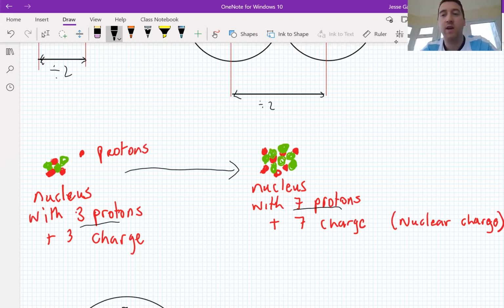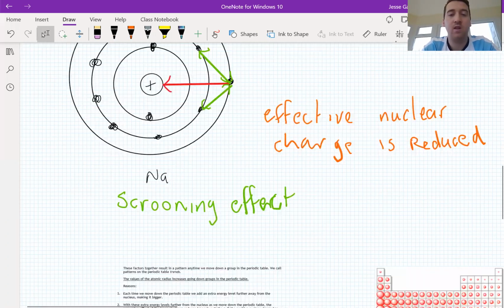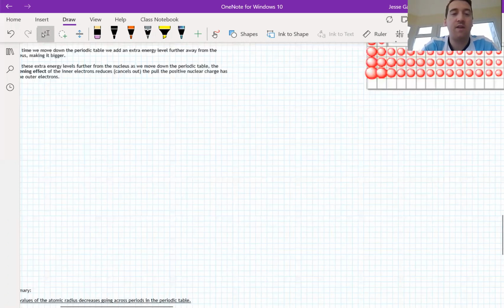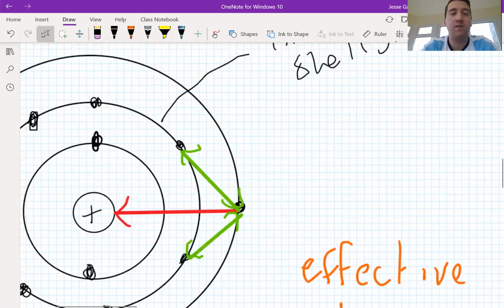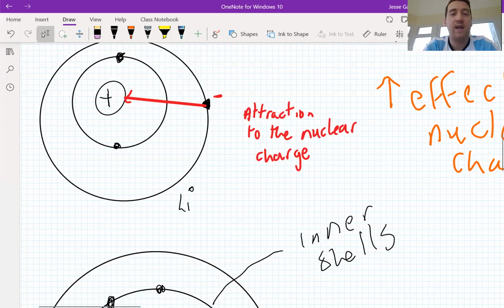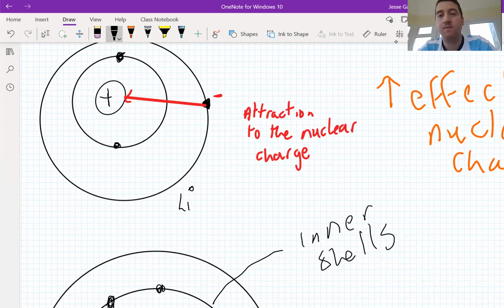Well, as we move left to right, we add more protons, we increase the nuclear charge. So that's what happens as we move from left to right across the table. Now, what effect does this have? Well, if we increase the nuclear charge, we obviously attract the electrons towards it more. So we attract the electrons in the outer shell. This gets stronger then.